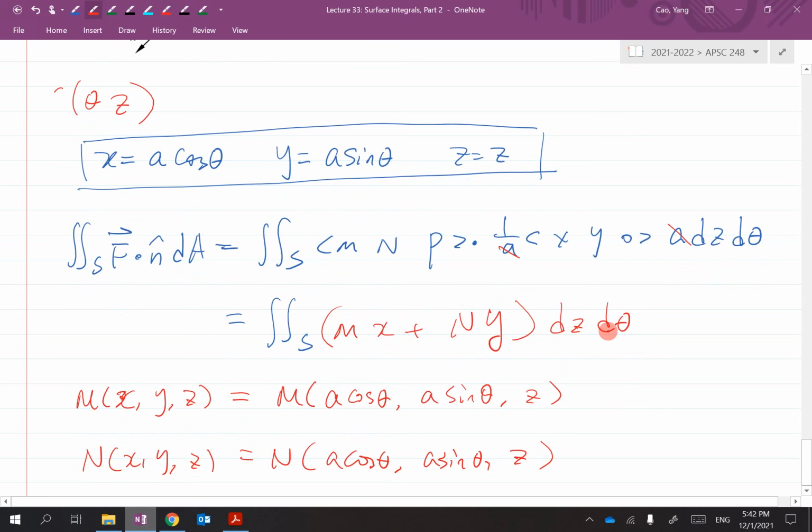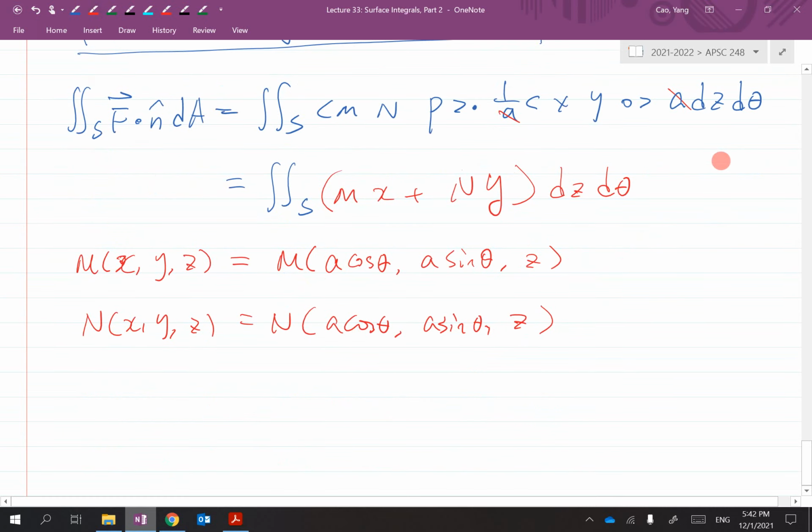So I'm going to demonstrate that through an example. All right, so let's take a look at the example here. F equals x, z, negative y.